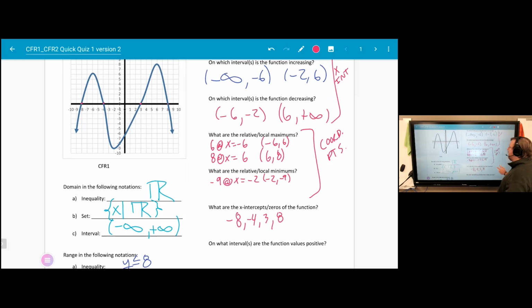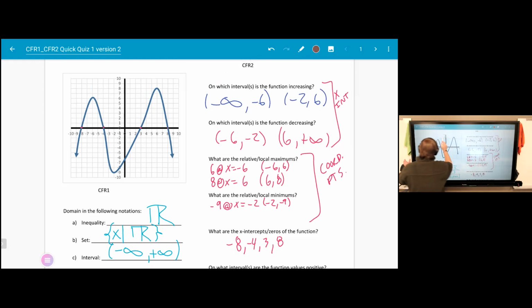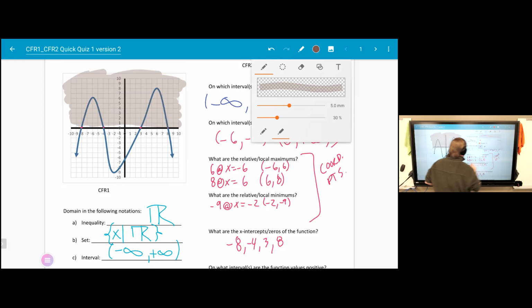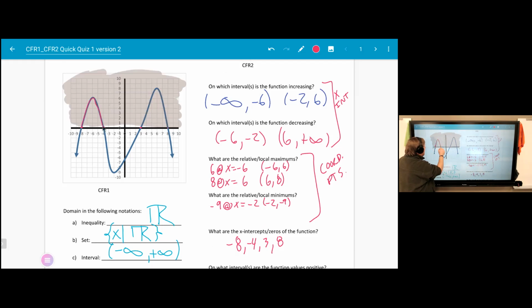Okay, next part says, where is the function positive? In other words, where is the function above the x-axis? Well, if I look at it, the function is positive from here until here, and it's also above the x-axis from here until here.